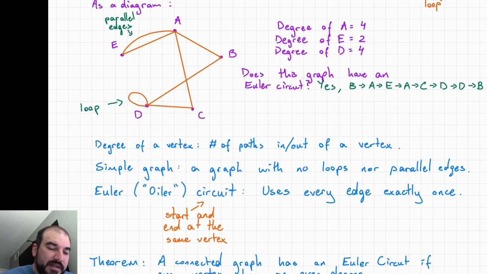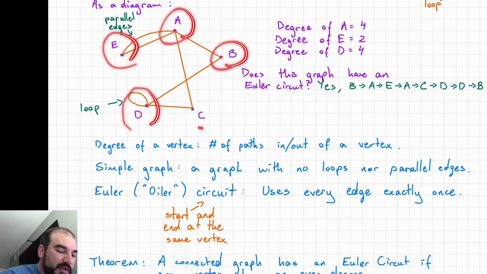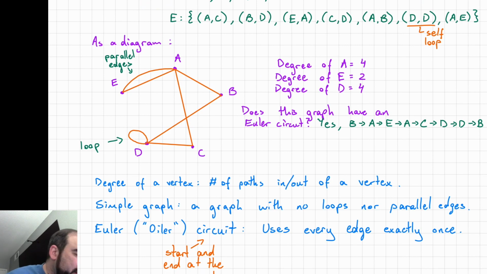All right, so to answer this question, we said yes because we found one, but we can also say yes by looking at the degree of all of these vertices. And I'm going to write the degree of each vertex next to each vertex, which is something we should do whenever we're looking at a graph. So when I look at vertex E, the degree of vertex E is going to be 2.